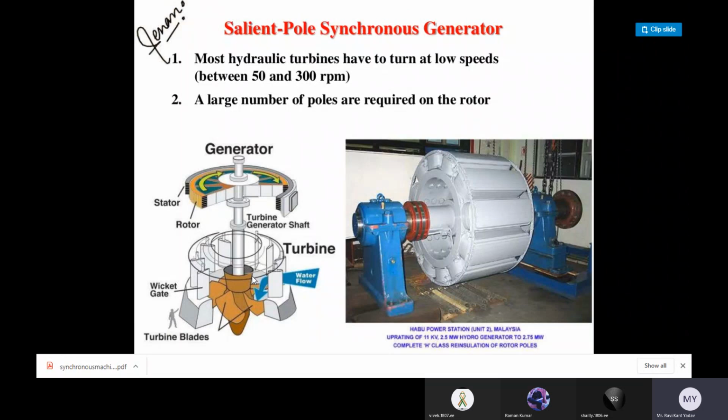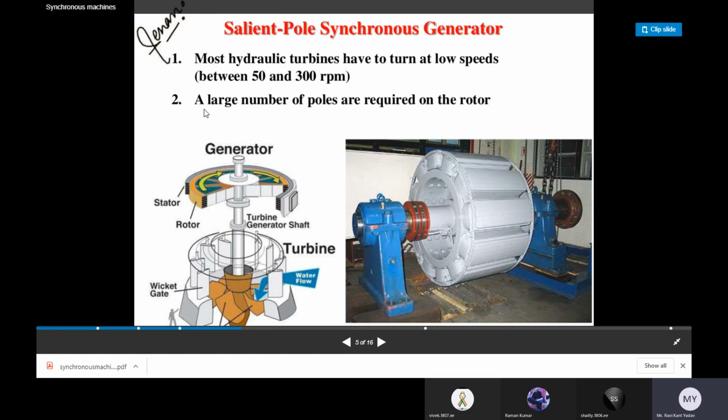If we are talking about a hydropower plant, the hydropower plant has two main parts, mechanical and electrical. The mechanical part has a turbine, with different types of turbine: propeller, Francis, and impulse type turbines are used in a hydropower plant.